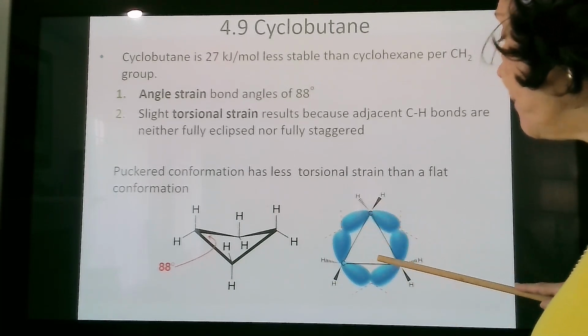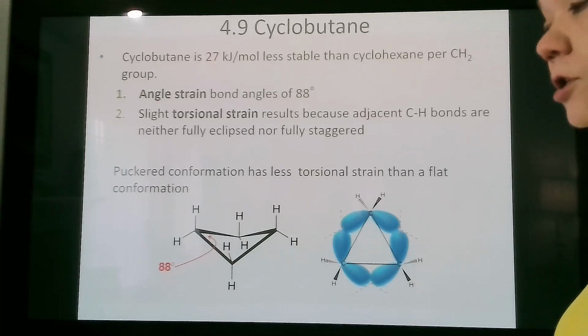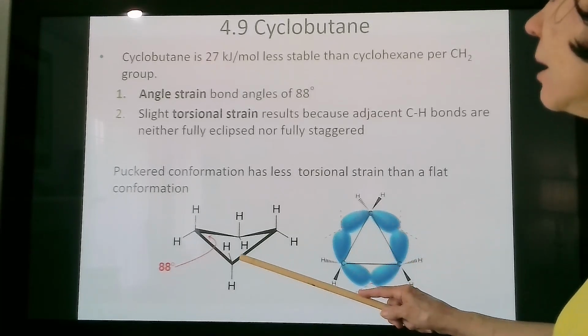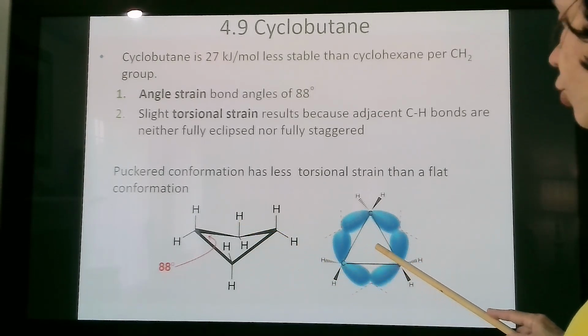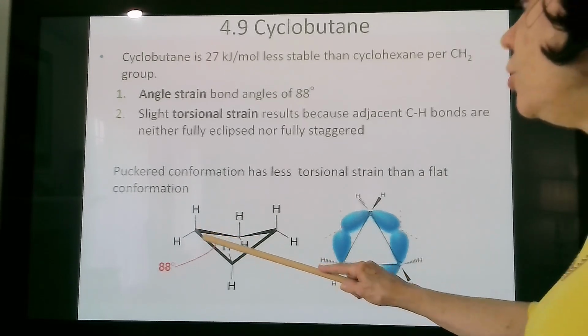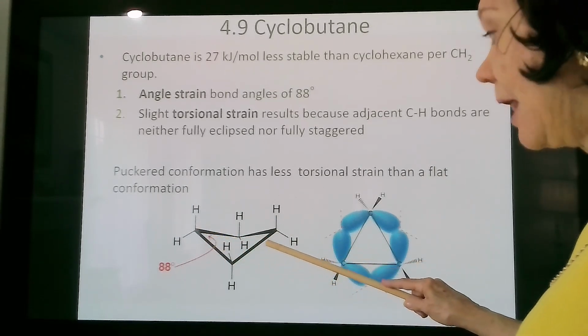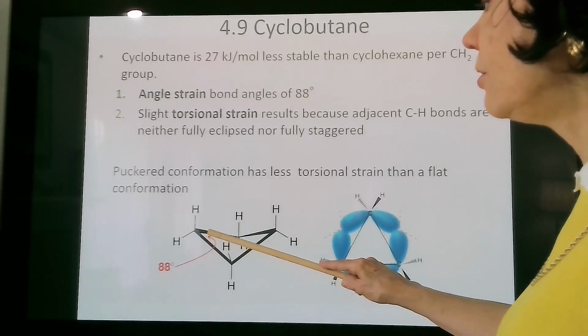So propane tries to pucker a little, but it tries to twist, but it really can't do much. Cyclopropane tries to distort a little, but it can't do much. Cyclobutane does pucker. It is not flat. And so the angle goes on down to 88.